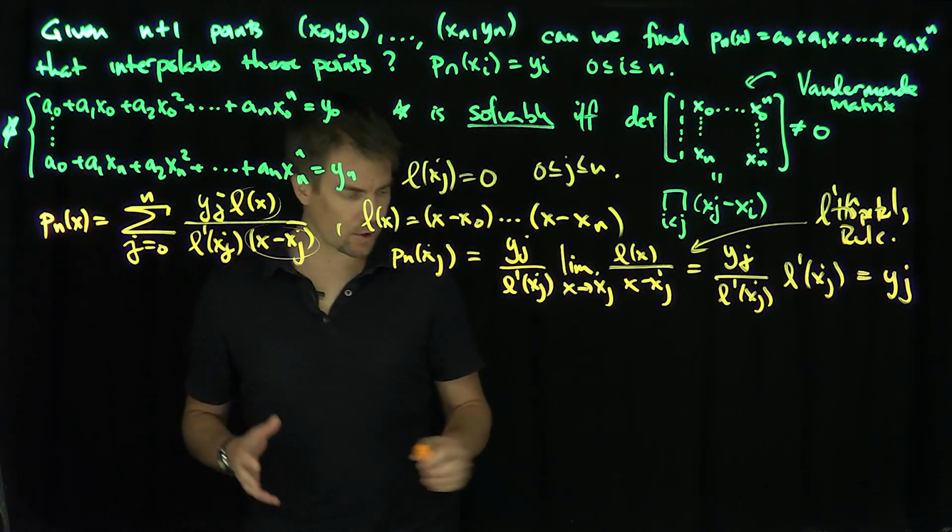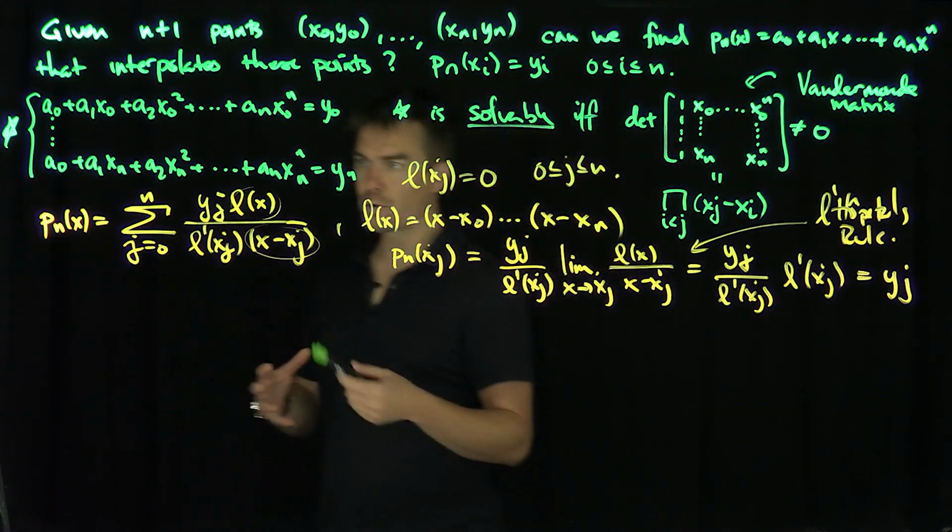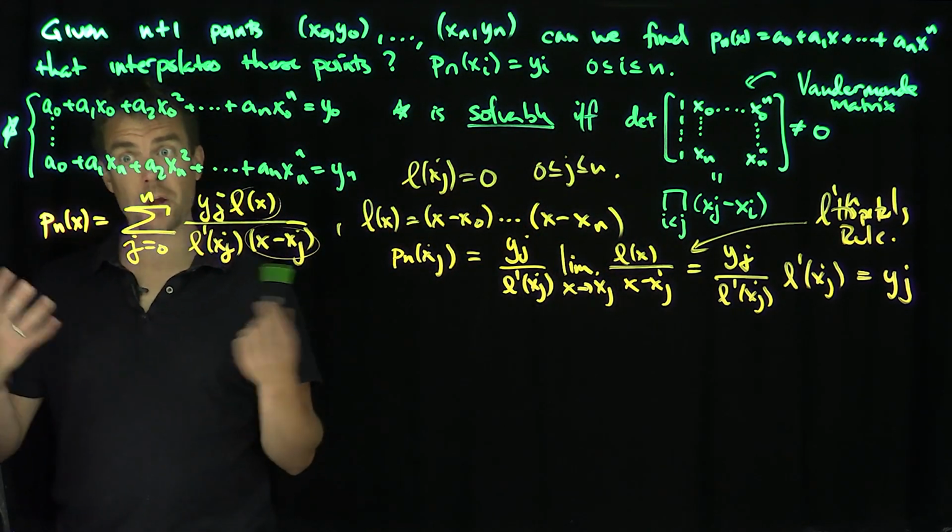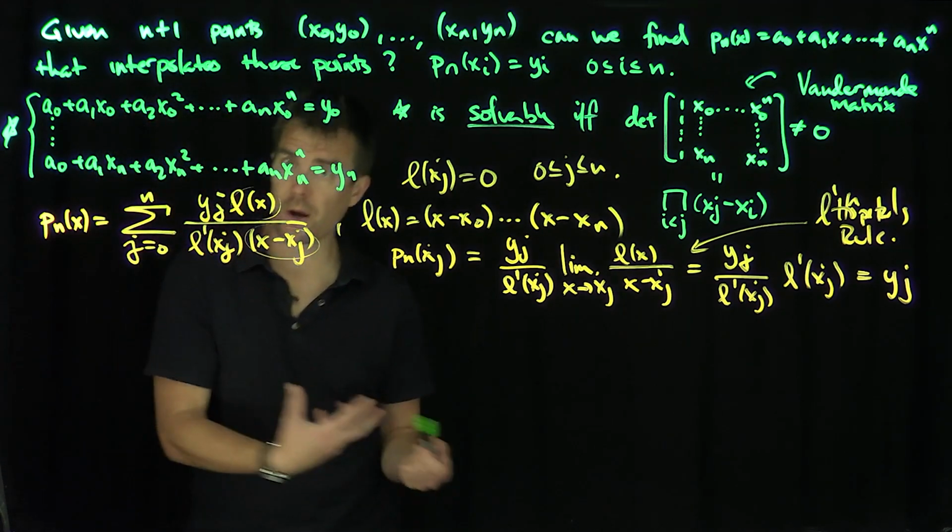And so now what I can do is use this to extend to try to find an approximation of a continuous function by a polynomial like this.